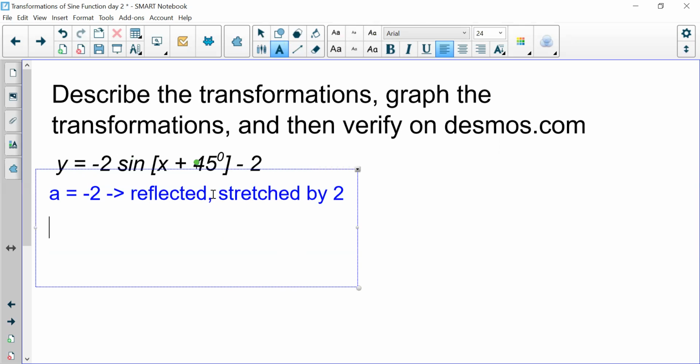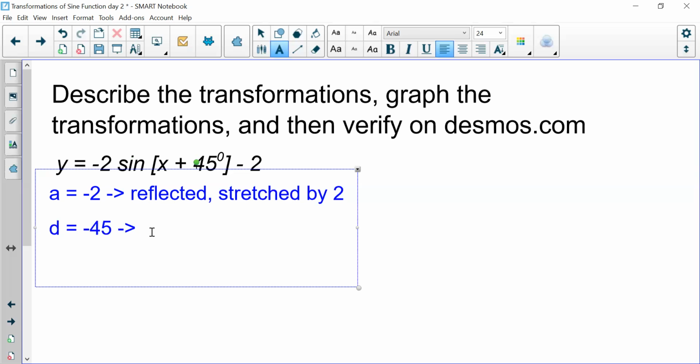What do you think the x plus 45 means? That there's 45 peaks and valleys. That would actually be if there was a k in front of the bracket. I don't have a k here. This is in brackets with x. So if it's in brackets with x, it's moving along the x-axis.